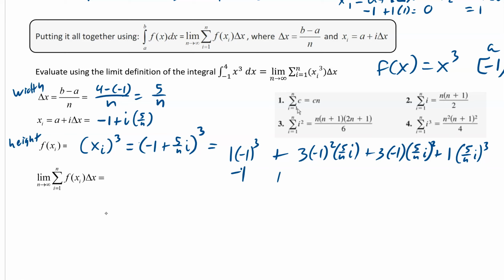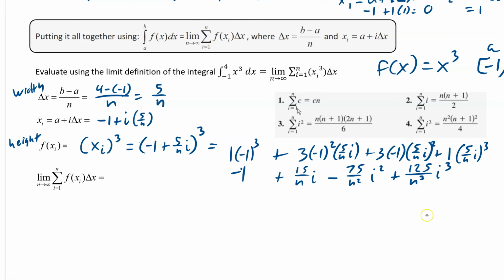And then this would become 15 over n i, minus 75 over n squared i squared. So that would be 25 times 3, which is 75. And then n squared and i squared. All right, plus, and then that's 125, and then everything in there gets cubed, so n cubed, i cubed.